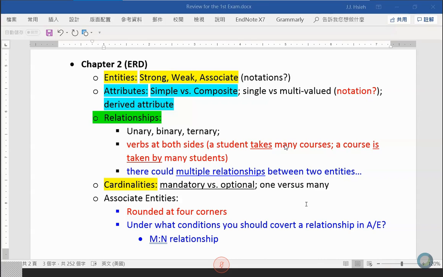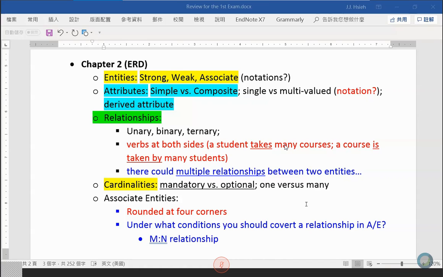I was asking what is the key element to determine the direction of the verb? Because one is active and one is passive. Yes, one is active, one is passive. So how do we know the direction between the two?